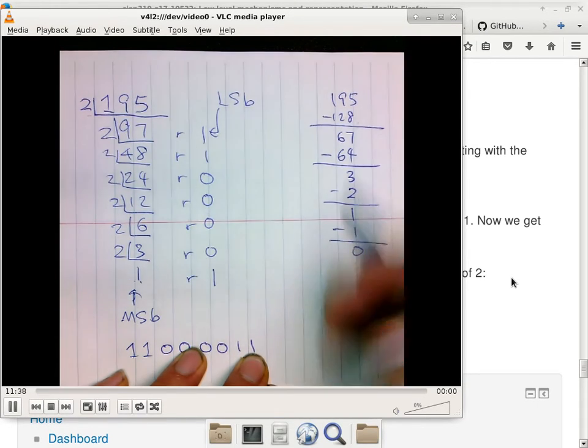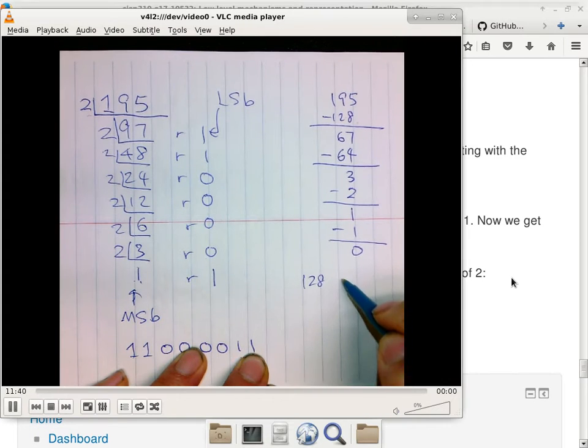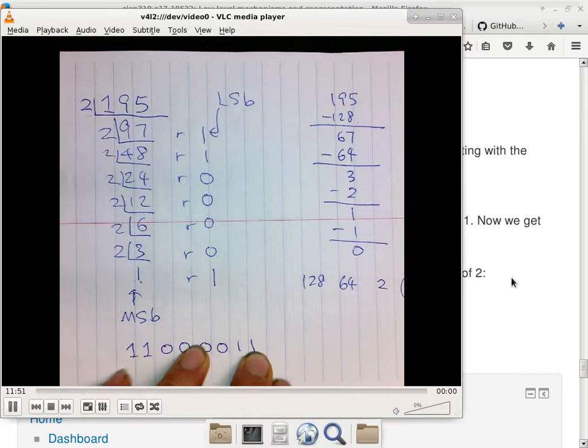Then you look at all the values. You look at 128, 64, 2, and 1. And then the way you do this is, if it's 1, it is just 1 itself with no zeros after that. If it's a 2, it's a 1 0. If it's 64, which is 2 to the power of 6, right?